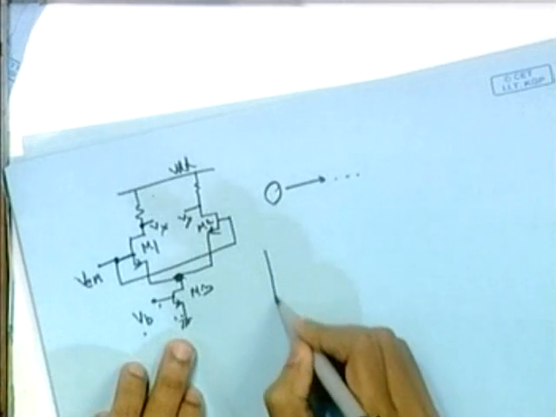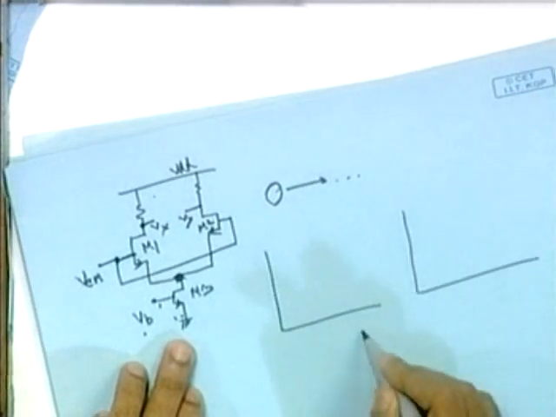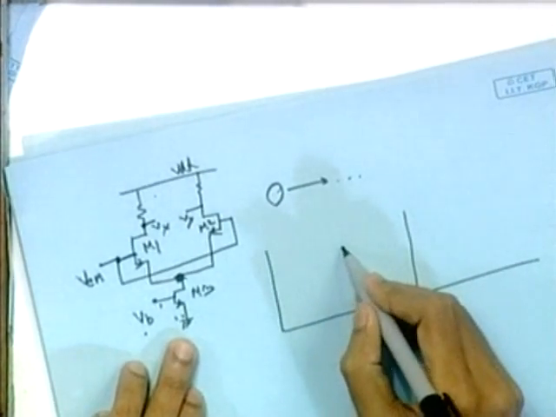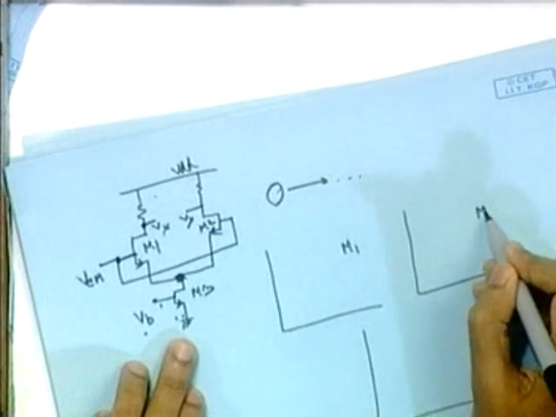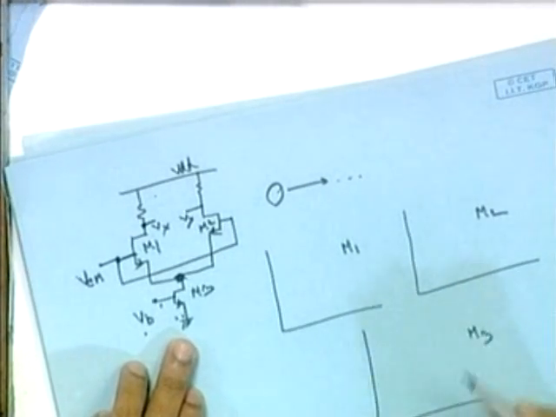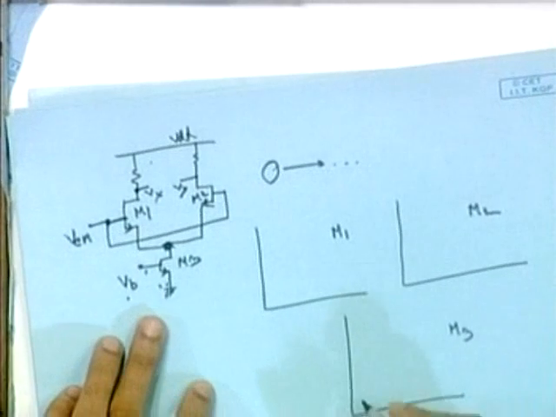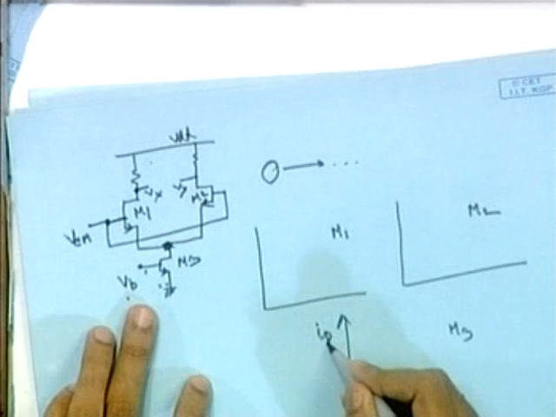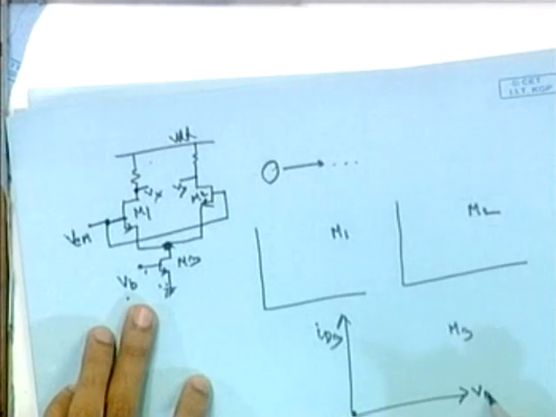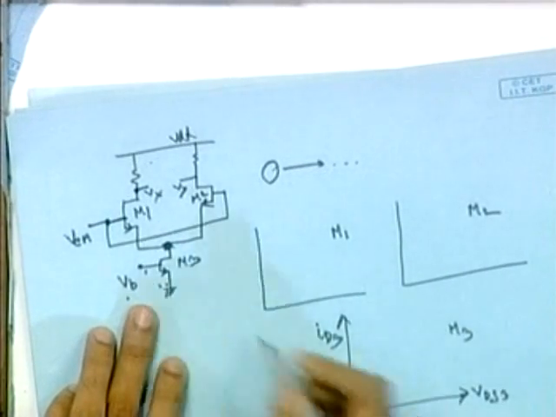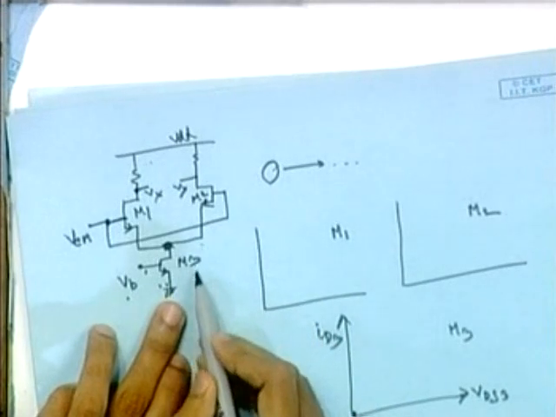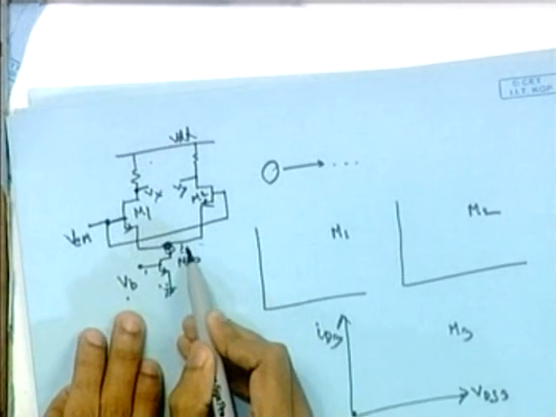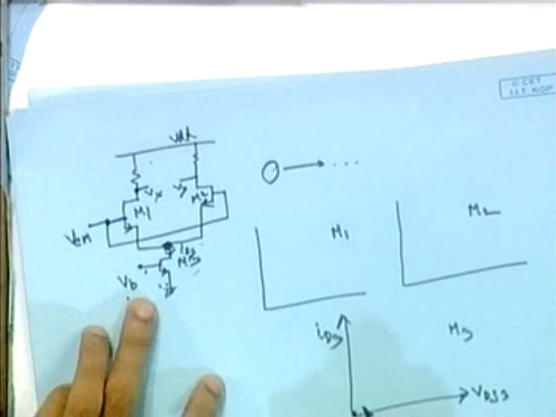So if we draw the IV plane, this is for M1, for M2 and M3. So M3 is having some finite VGS, but ID is 0. This is ID3 versus VDS3, where VDS3 means the drain to source voltage across this, and ID3 means the current through this transistor. So it will start from here.